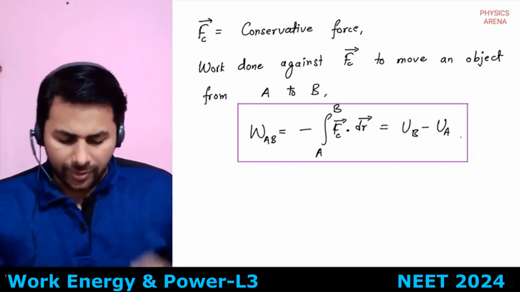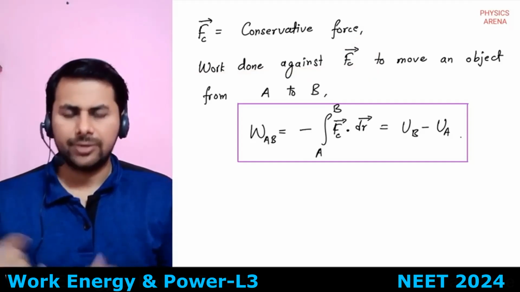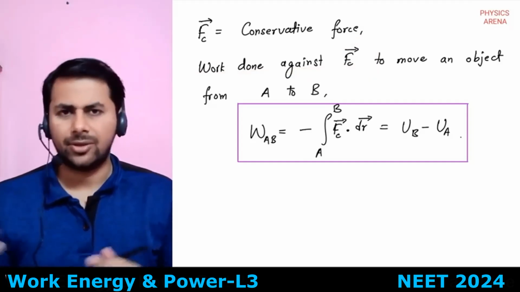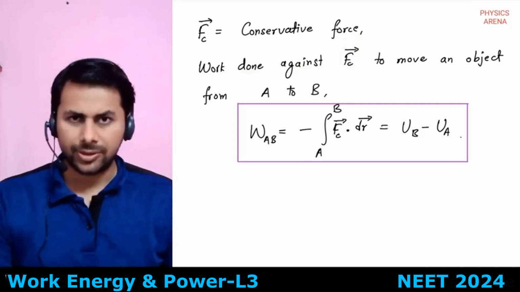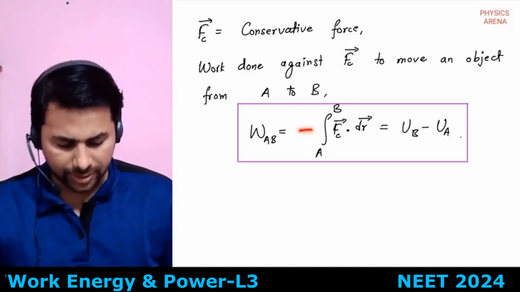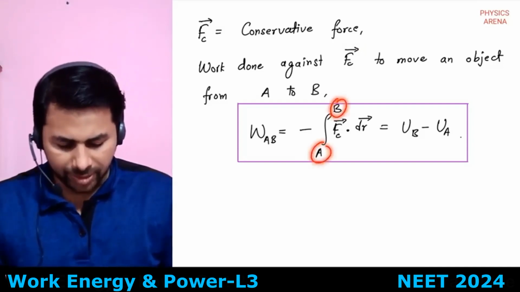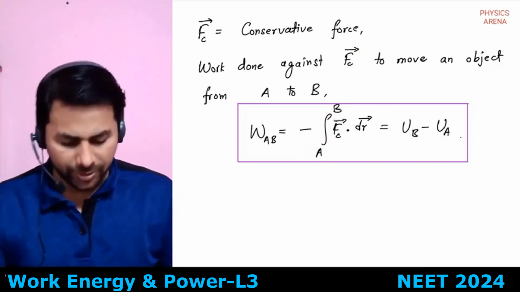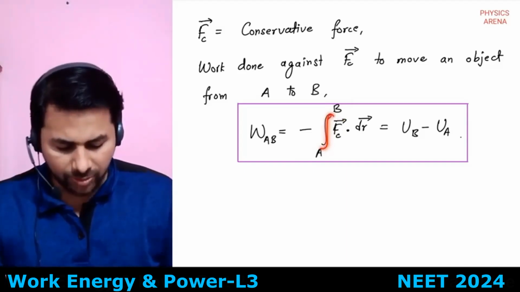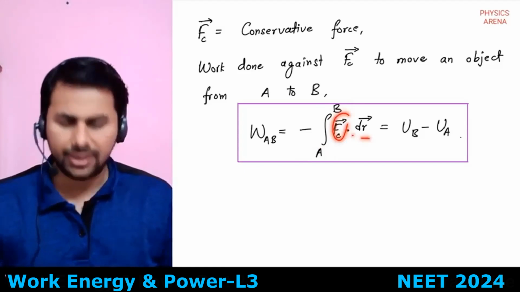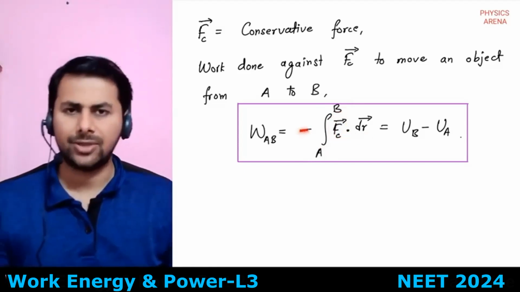So see, work done against a conservative force, any conservative force, let it be gravitational, electromagnetic, or spring force. If I do some displacement against that force from A to B, the work done by that force, where Fc is the conservative force, is the integral from A to B of Fc dot dr. But I want the work done against it, so I have a negative sign.